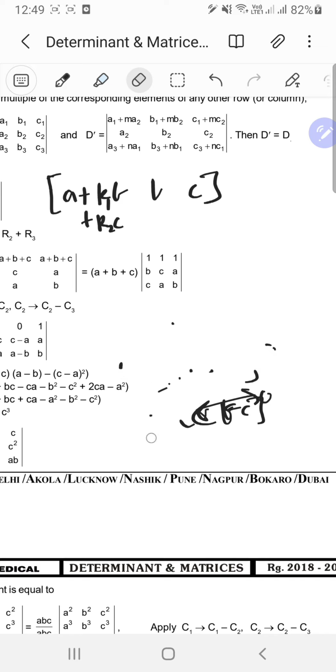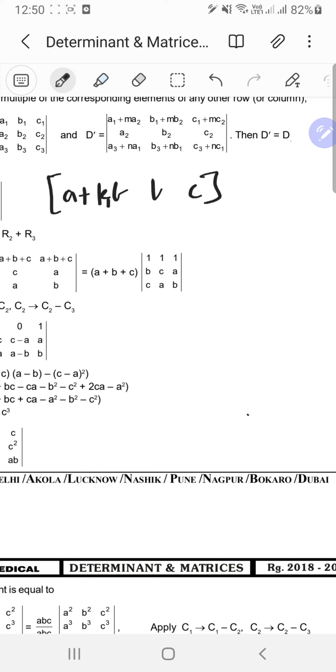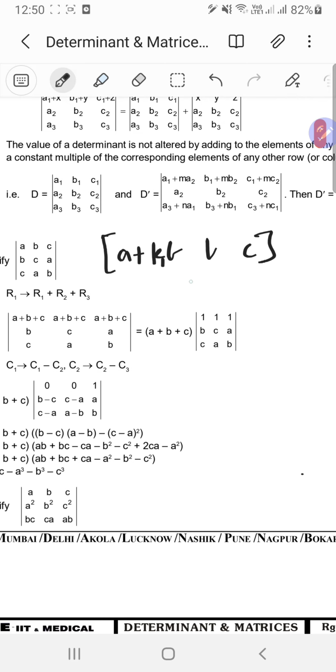But I don't think you can do it on two rows directly. Can you? For example, if we did it like this, a plus k1, why would this be true? Let me try.